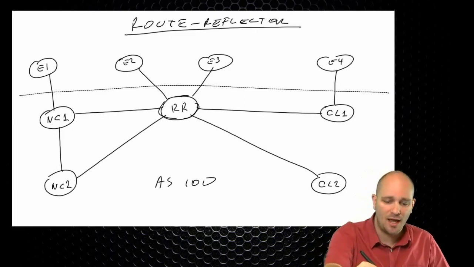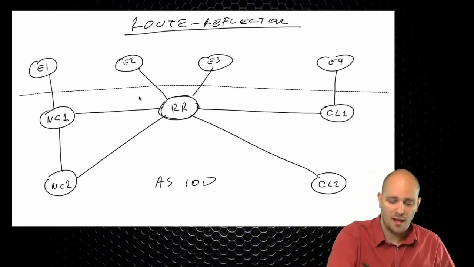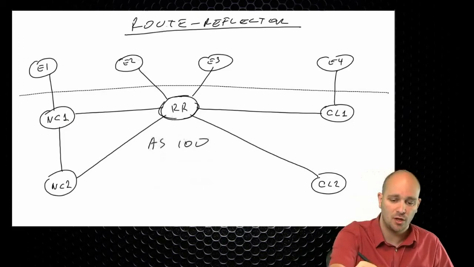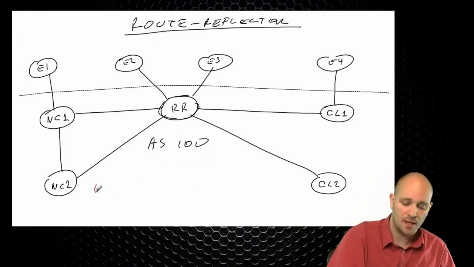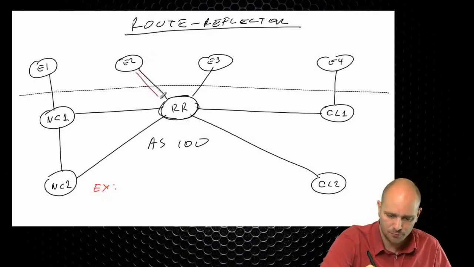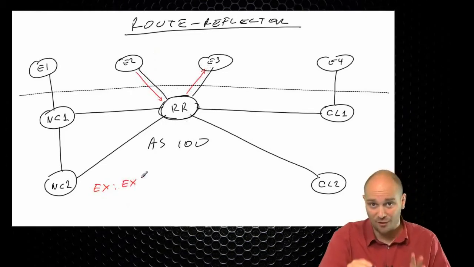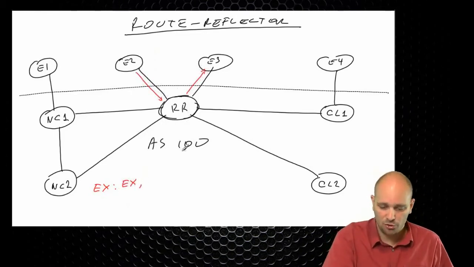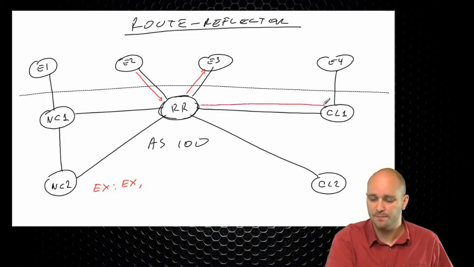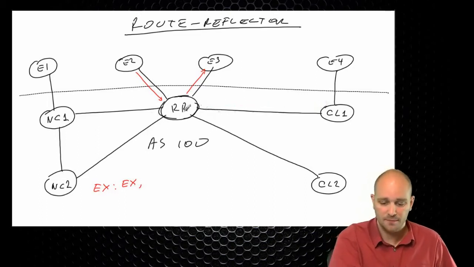Now, let's see what happens on the route reflector when it receives a route from an external peer. So, the external peer sends the route to the route reflector. This route will be advertised to external peers. If the route reflector has external peers, it will also be advertised to clients.